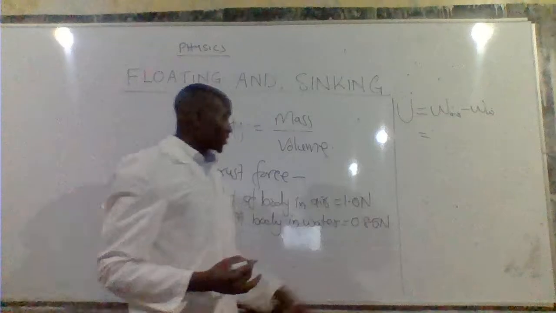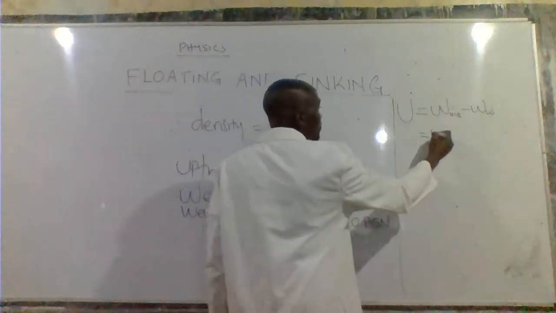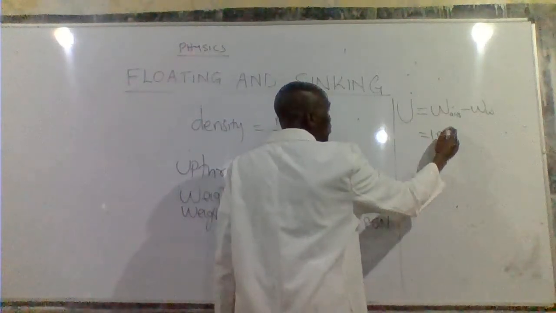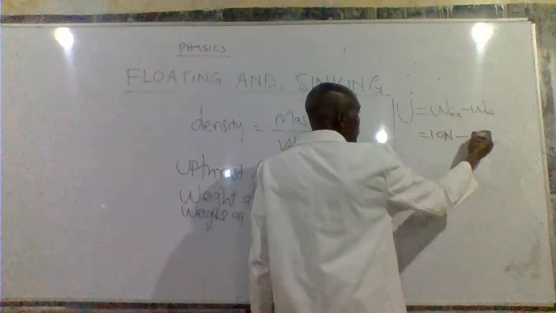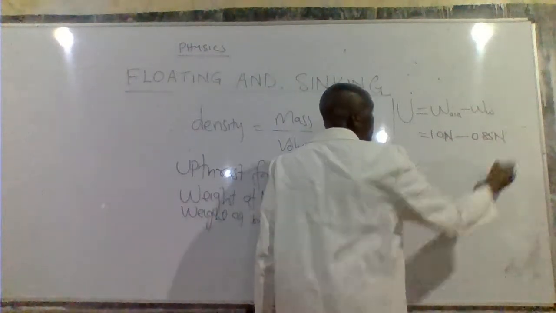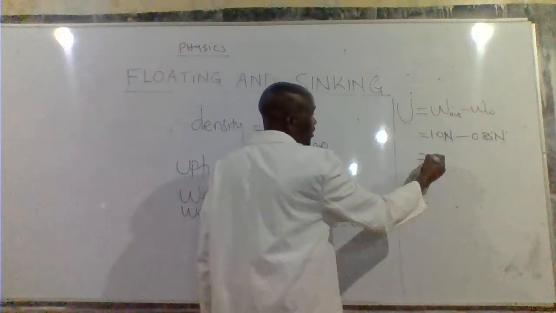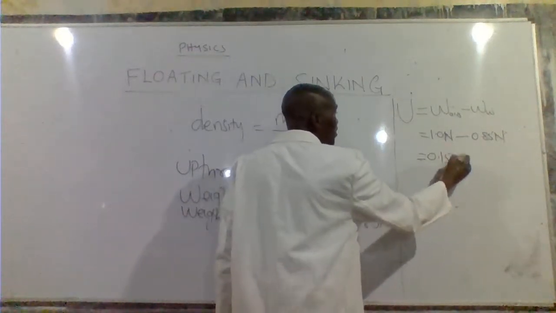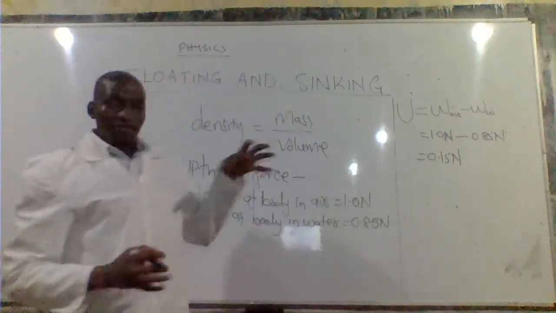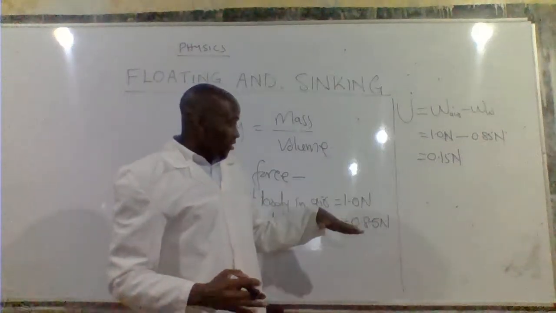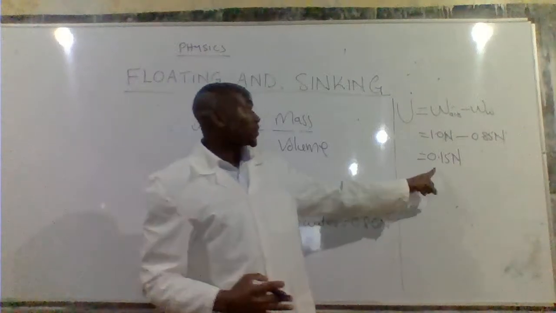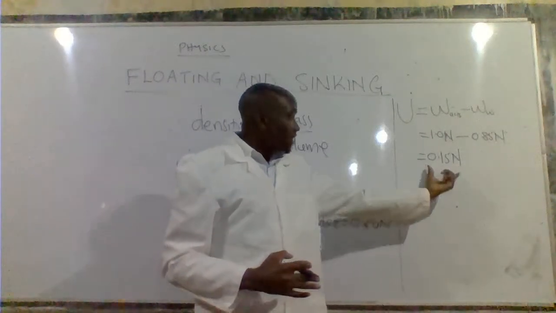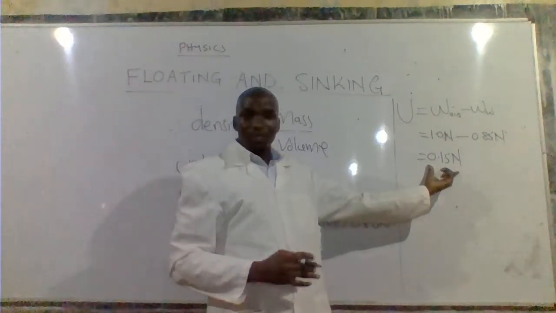We have seen weight in air as 1.0 newtons, then weight in water is 0.85 newtons. When you subtract that, you get 0.15 newtons. Now, the difference in their weight when in air and when immersed in water is 0.15 newtons. This is what we refer to as the upthrust force.